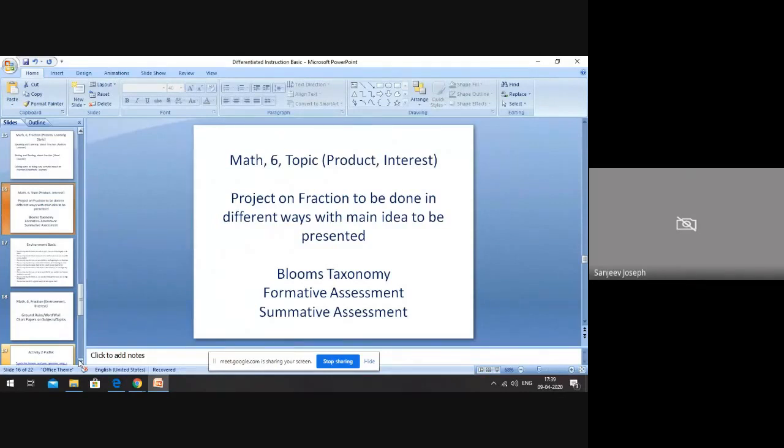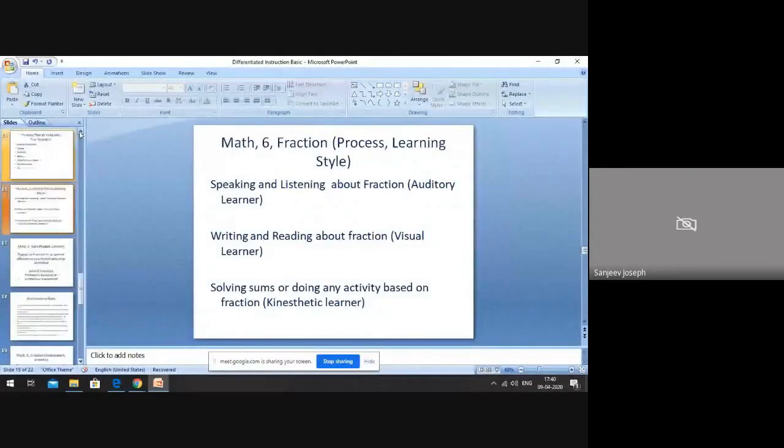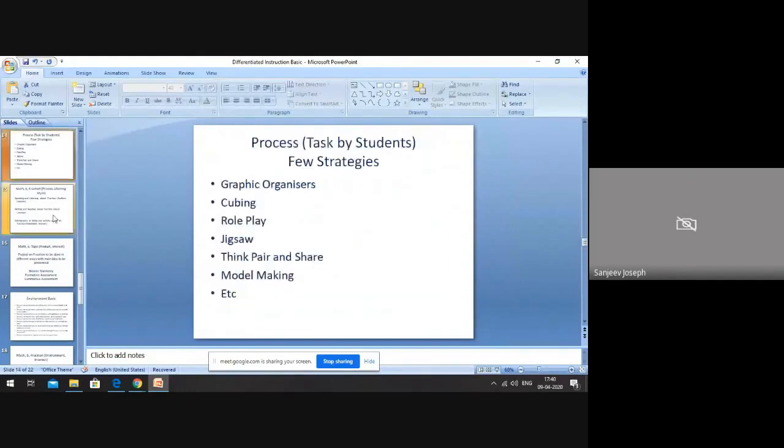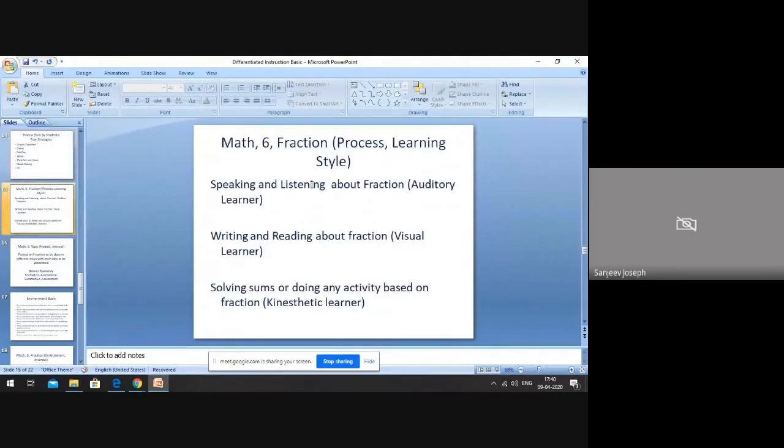The topic is fractions again, and this time I am trying to discuss fractions itself. Now I'm differentiating the process, that is the task they are doing, by learning style. That is how the auditory learner can present the task.